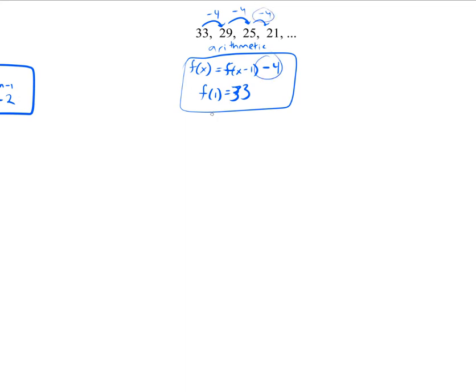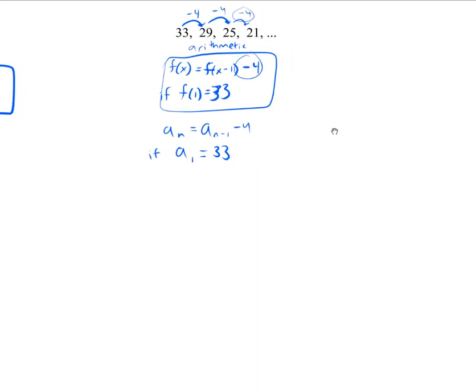So there's that, and then there's also, of course, a sub n is equal to a sub n minus 1 minus 4. This is the other way of writing it. This is if a sub 1 is equal to 33. Once again, if a sub 1 is not equal to 33, the whole sequence will shift. So we can look at that a different day.